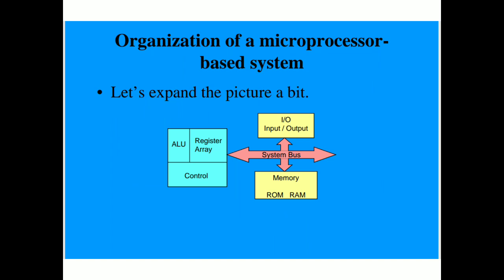Here I have expanded the picture a little bit. You can see ALU, register array, control making the microprocessor. This is the memory, again a separate box, and input output devices in another box, and all these are connected through the system bus. Since I have told you that the microprocessor consists of ALU, register array and control, let me explain each in detail.